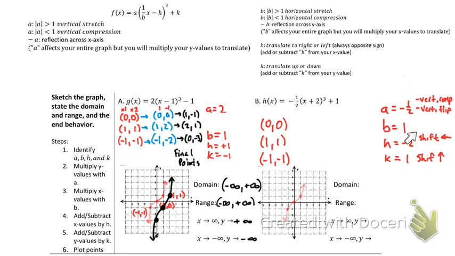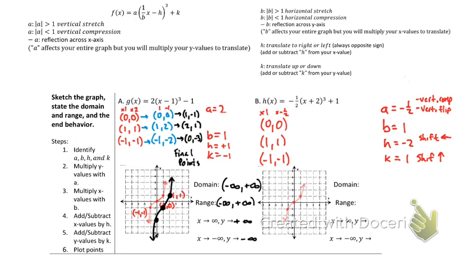Now, let's go ahead and start multiplying the A and B first. The A goes with the y's. So we're going to multiply by -1/2 here, and multiply by 1 here.